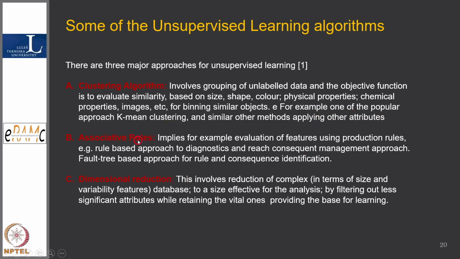Then associative rules, for example, that means of features using production rules. So here we are forming production rules. It could be crisp or it could be fuzzy rules we have formulated. And fuzziness means my input data is in the form of linguistic variables. Okay, so quantification is not possible, but using fuzzy logic, we work with fuzzy, that is imprecise, information.